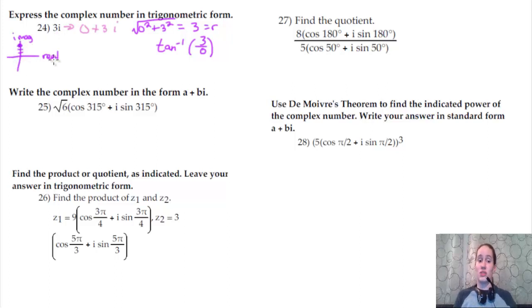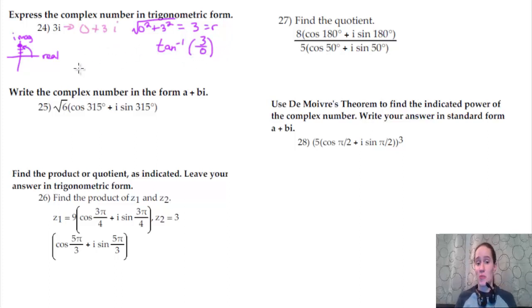So if we had originally just graphed it, we would know it's 3 from 0, 0. So we would have known r is 3, but now also, check it out, we know that this angle is 90 degrees or pi over 2, which the calculator could not have told us.